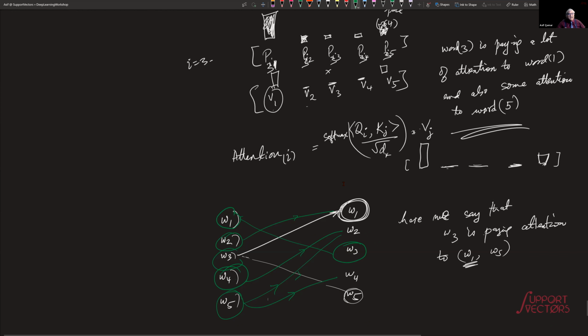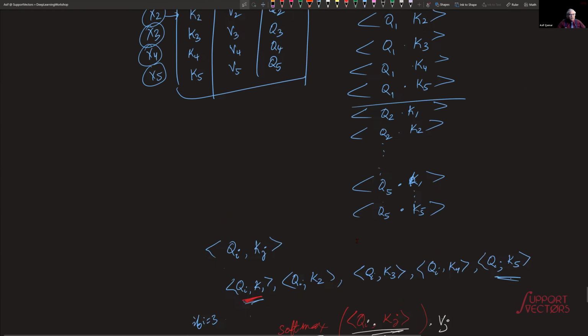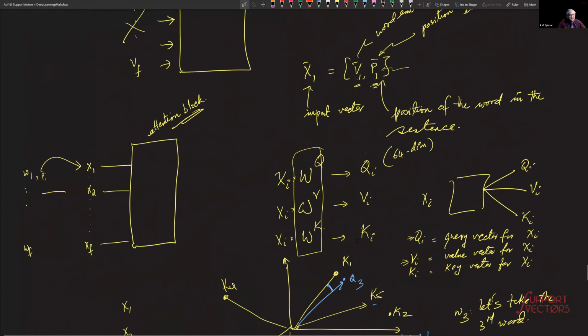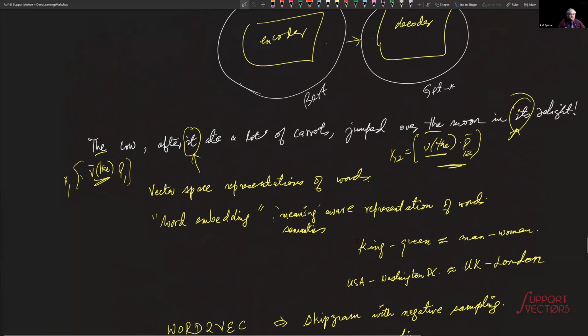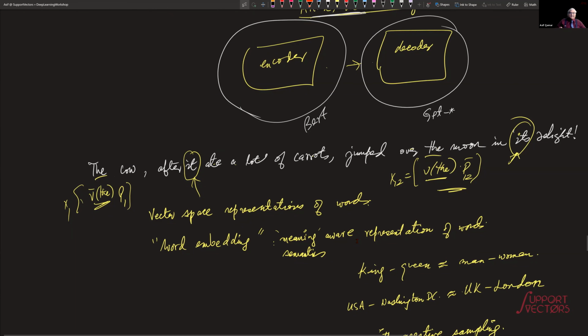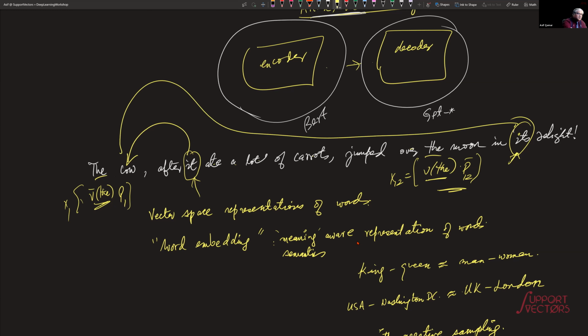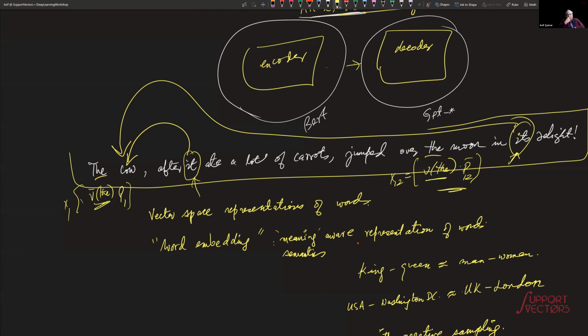So what does it mean, paying attention to the right words? What it means in real terms is, let us go back to this sentence. When you look at it, the word it here should pay attention to this, right? And it should ignore other words, and also go and pay attention to cow, right? Is this becoming a little bit more real now, guys? Yes.